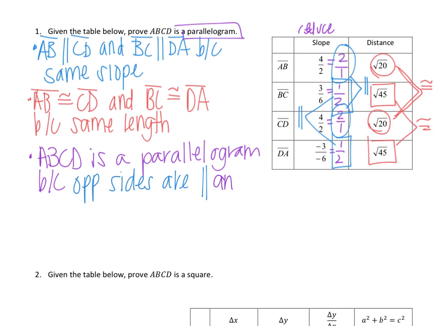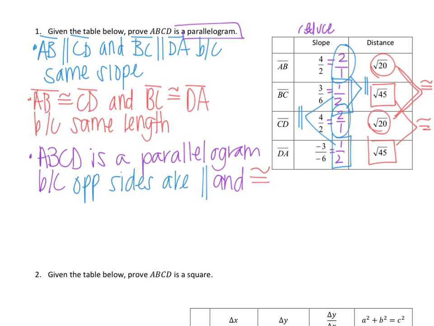And then next, in the second bullet, we found that opposite sides are congruent. We don't even have to repeat opposite sides because it's already in the statement there. ABCD is a parallelogram because opposite sides are parallel and congruent.